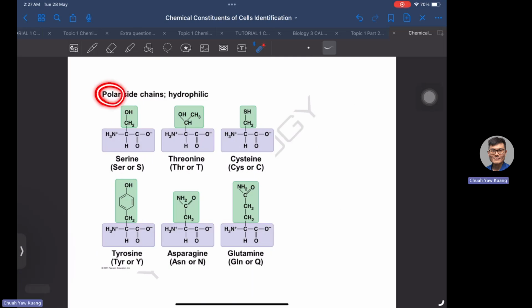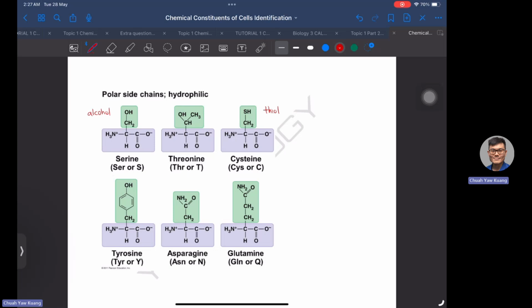For polar side chain, there will be various functional groups. For example, maybe you could see OH, the alcohol functional group, or you might see the thiol functional group, SH.